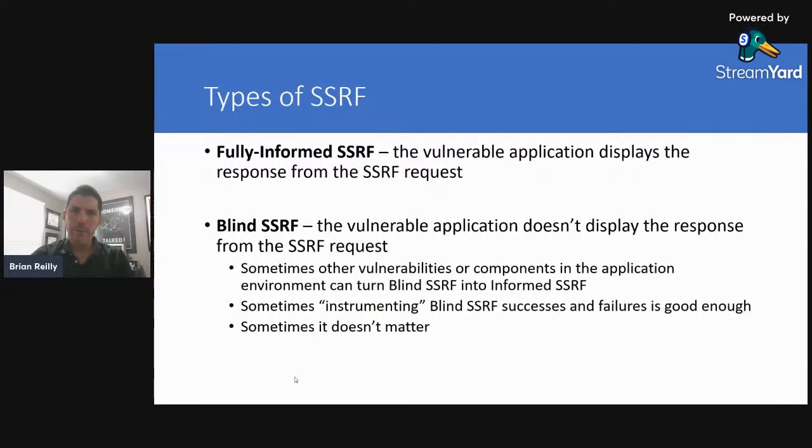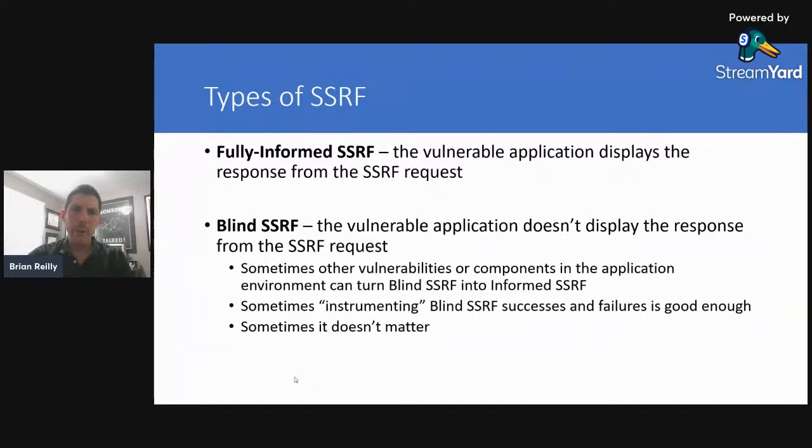Also, when we're looking at server-side request forgery, there's two main types. Honestly, from the developer's point of view, these really aren't that important because you're going to want to find and fix all of these. These differences really only apply to cases when, let's say, you're a security tester and you're actually trying to extract data, or if you were a real bad guy trying to do this stuff.